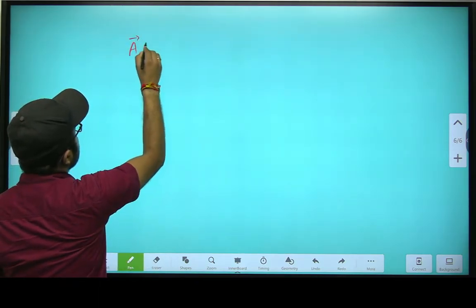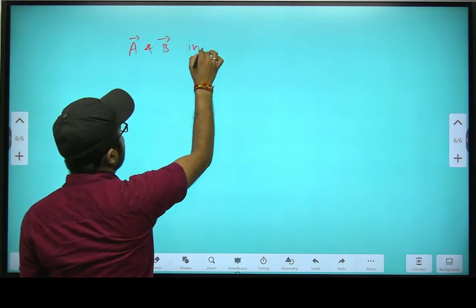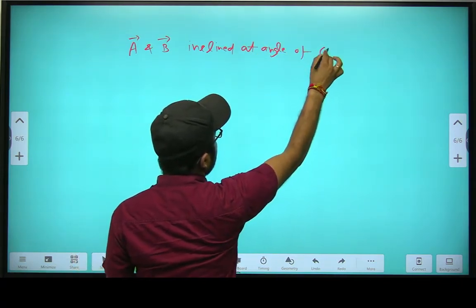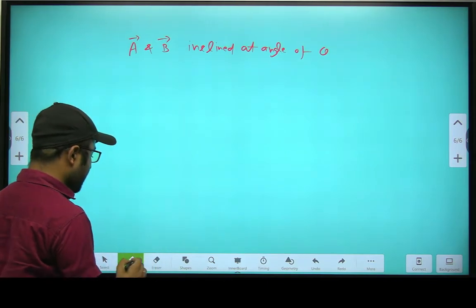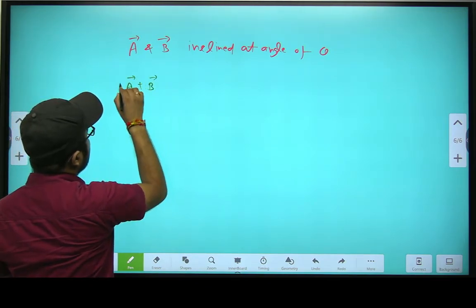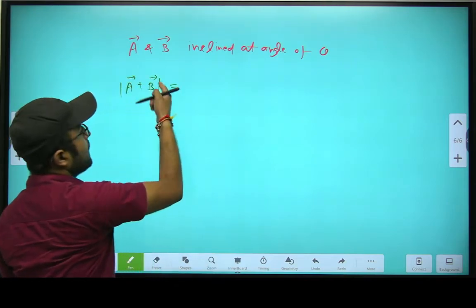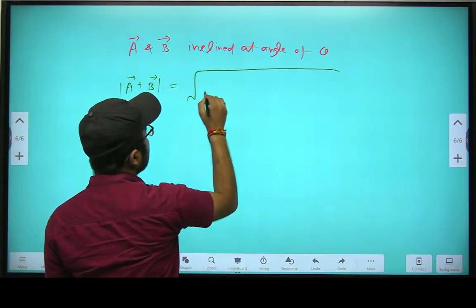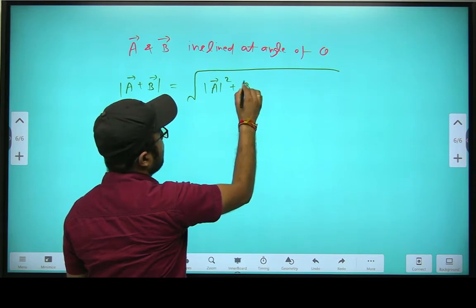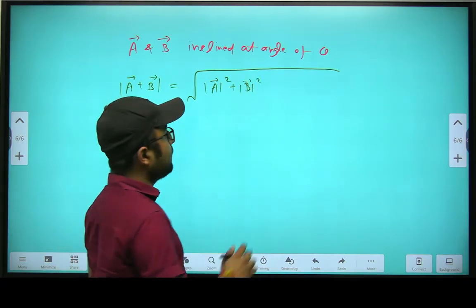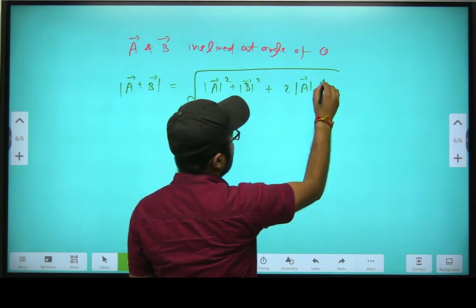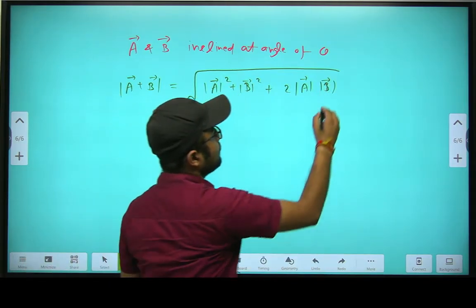If there are two vectors, vector A and vector B, inclined at an angle of theta, then the magnitude of the sum of vectors A plus B will be equal to root over magnitude of A square plus magnitude of B square plus 2 into magnitude of vector A into magnitude of vector B into cos theta.